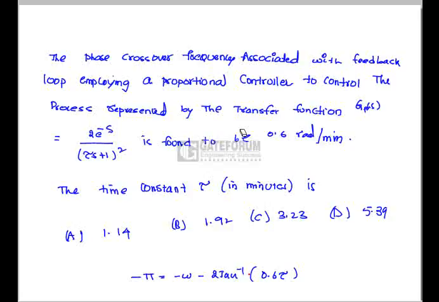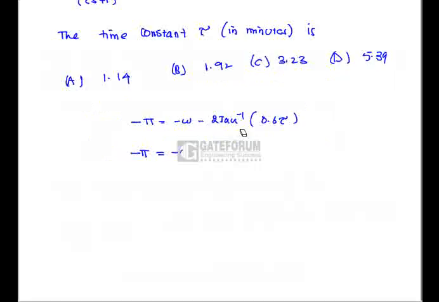Everything is given in radians, so it's not a problem at all. While you are calculating in the calculator, please keep it in radians mode, then type it. Here minus pi equals minus 0.6 minus 2 tan inverse 0.6 tau. If we solve this equation, we will get tau as 5.39 seconds, which is option D.